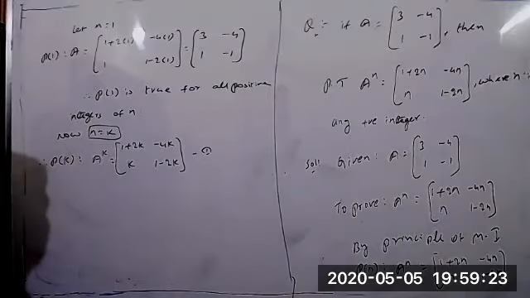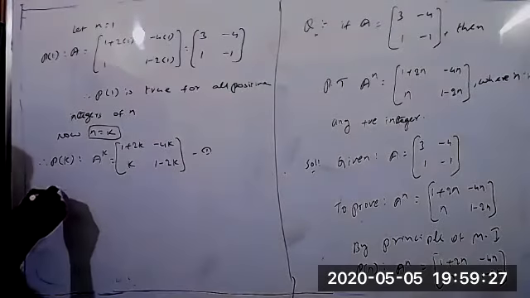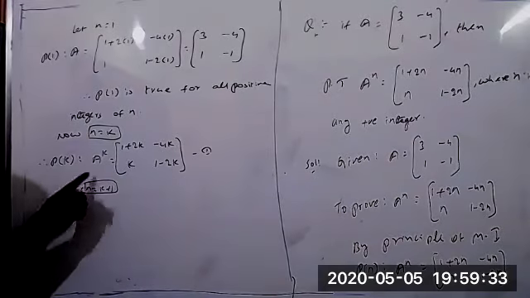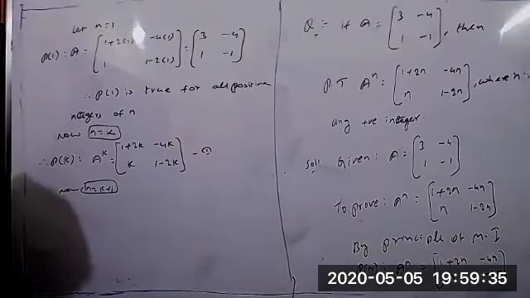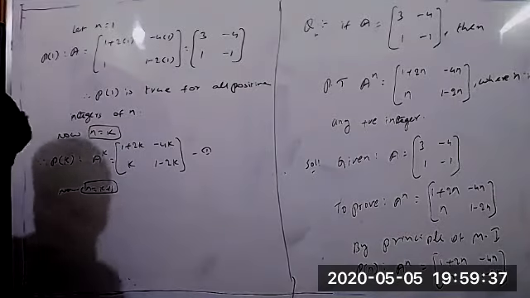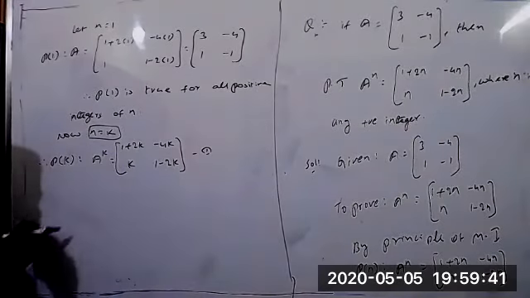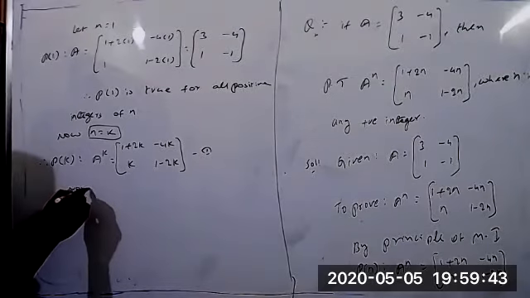Now we take n equal to k plus 1. Whenever the statement is true for k, it should also be true for k plus 1, that one you can write now.